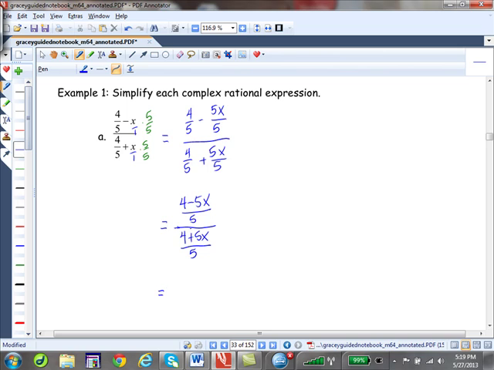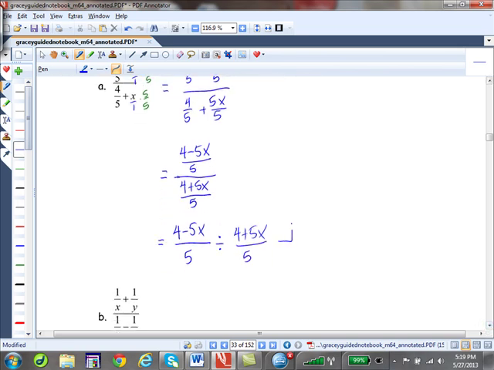So now I have one happy fraction in the numerator and one happy fraction in the denominator. So I'll have 4 minus 5x over 5 divided by 4 plus 5x over 5. So now I can invert and multiply.